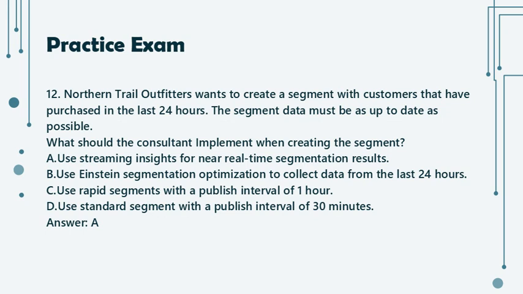B. Use Einstein segmentation optimization to collect data from the last 24 hours. C. Use rapid segments with a publish interval of 1 hour. D. Use standard segment with a publish interval of 30 minutes. Answer: A.